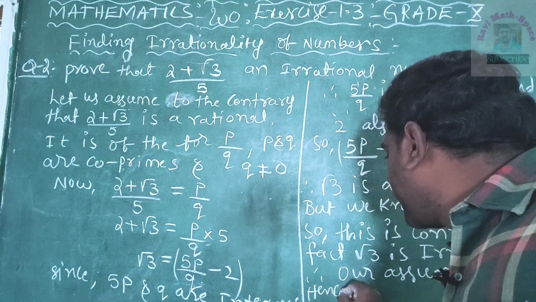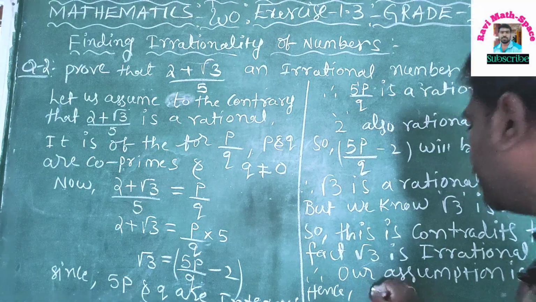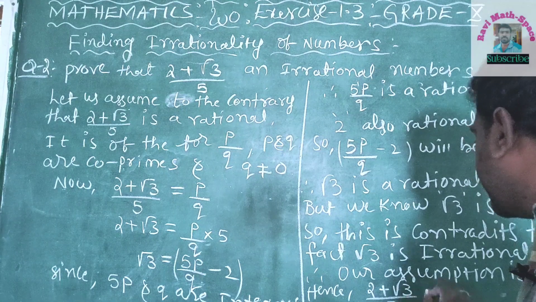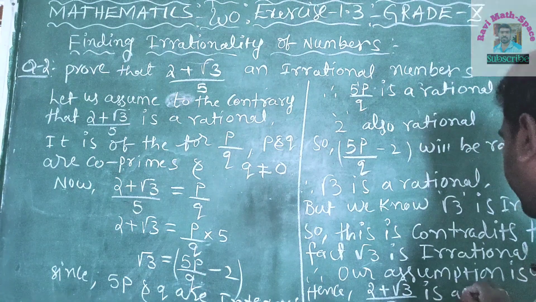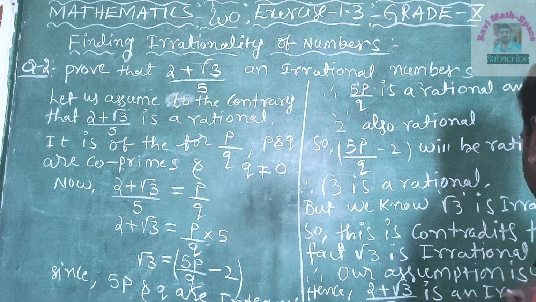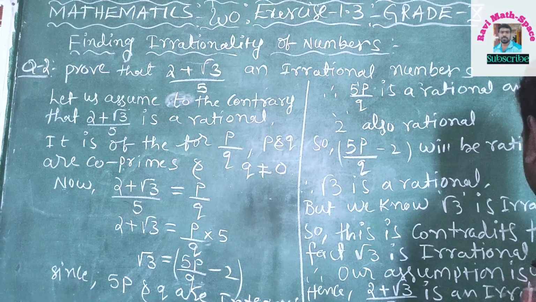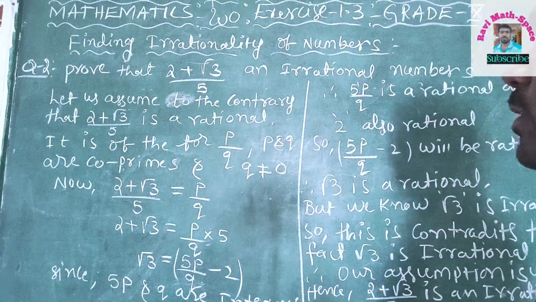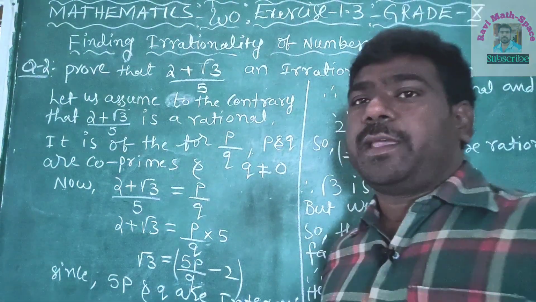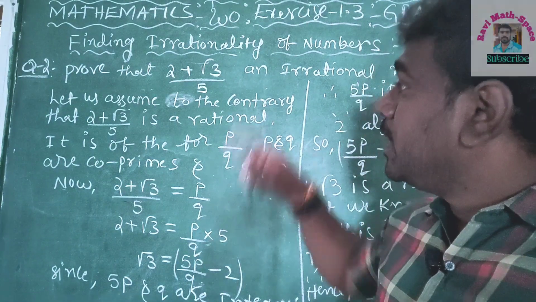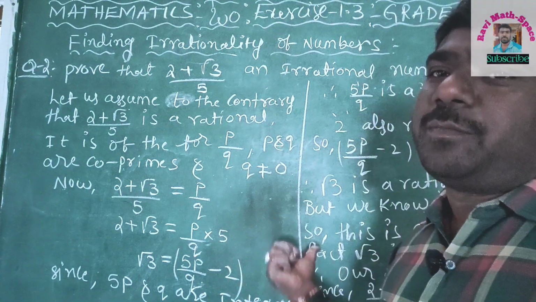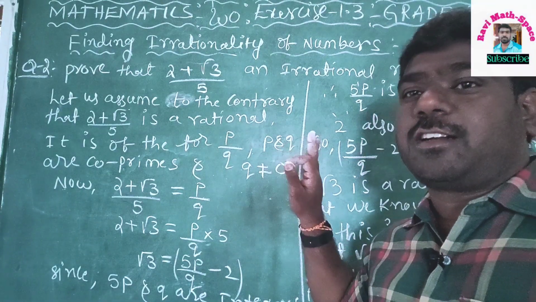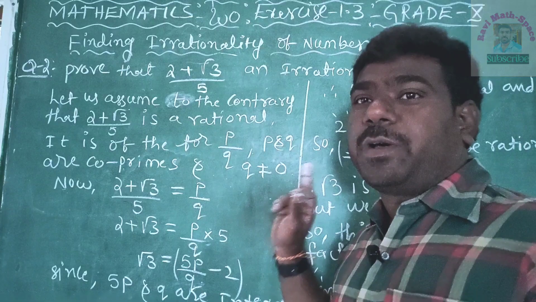Hence, 2 plus root 3 by 5 is an irrational number. Hence proved. Very simple, as I explained in the previous problem. By applying the same procedure, we can apply here. Understanding here? I hope you all are understanding the concept thoroughly and perfectly.